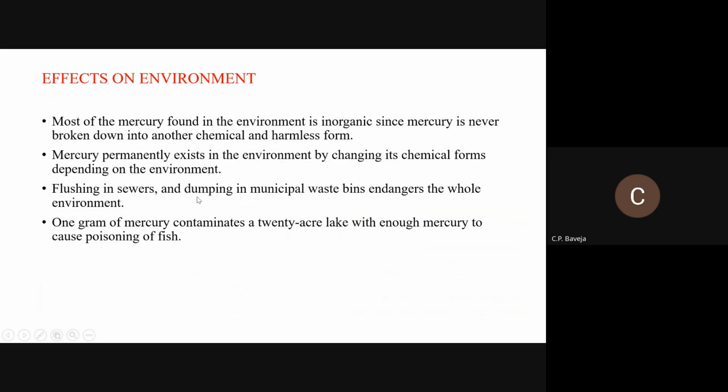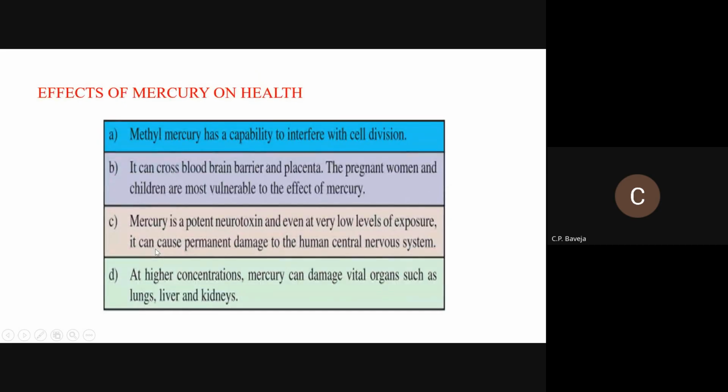Flushing in sewers and dumping in municipal waste bins endangers the whole environment. So it will remain there. It should not be flushed in sewers. And 1 gram of mercury contaminates a 20-acre lake with enough mercury to cause poisoning of fish. So very poisonous.